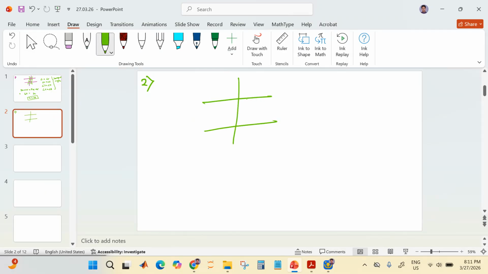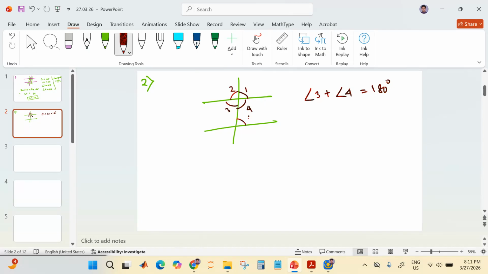Suppose this is the figure, with angles 1, 2, 3, 4. Interior means the inside part. So angle 3 and angle 4 are the interior angles, and they are also a linear pair. So if I add these two angles, it will generate 180 degrees. This is the relation.